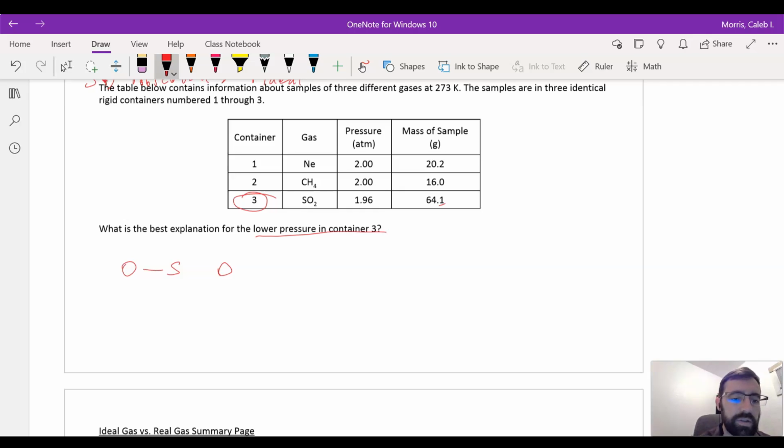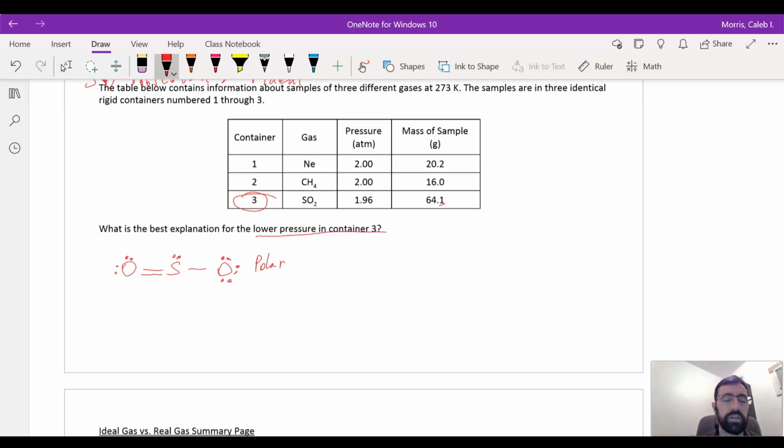So that's 2, 4, 6, 8, 10, 12, 14, 16, and then we've got 18 there. Sulfur's not satisfied, so we're going to have to move 2 electrons from one of the 2 oxygens to make a double bond. But you can see, I hope, that this is a bent molecule, so this is a polar molecule.